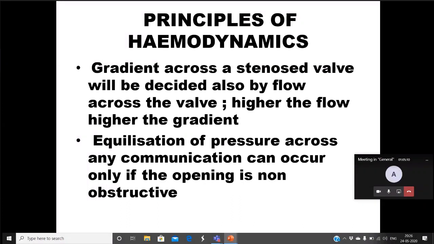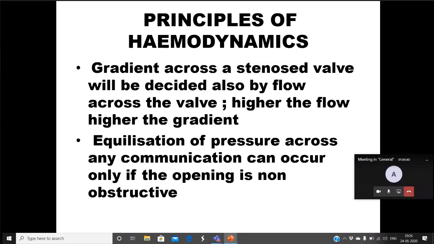In hyperdynamic circulation, because of the very low systemic resistance, the ejection is very fast in the early part of systole. But in a patient with significant aortic regurgitation, there can be a significant increase in the stroke volume, and that can result in a gradient across the aortic valve.